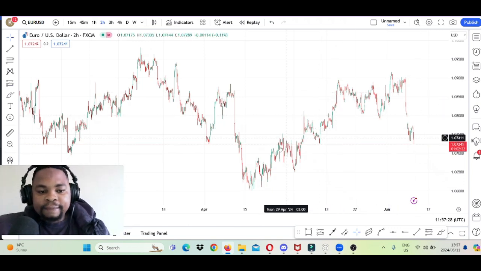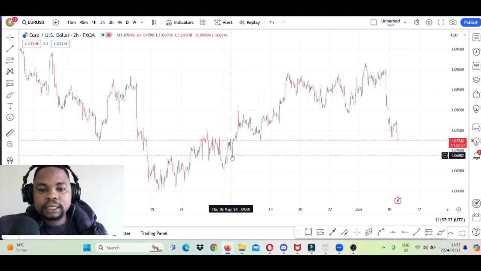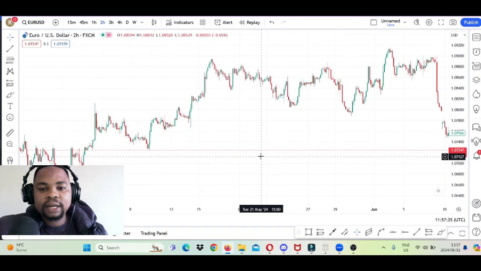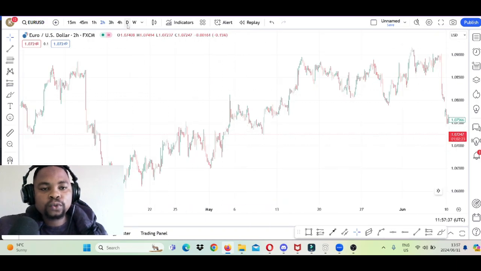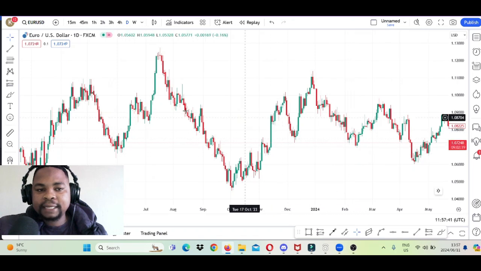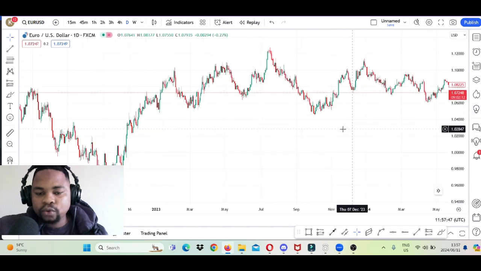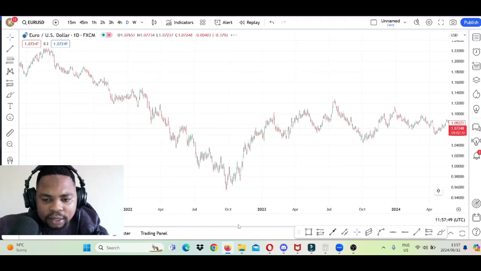So there is an option that you can use to enter directly from TradingView. You do not need to go to your MetaTrader 4 or MetaTrader 5. You can simply do that by signing up with the brokers that are already available on TradingView and trading with those brokers.